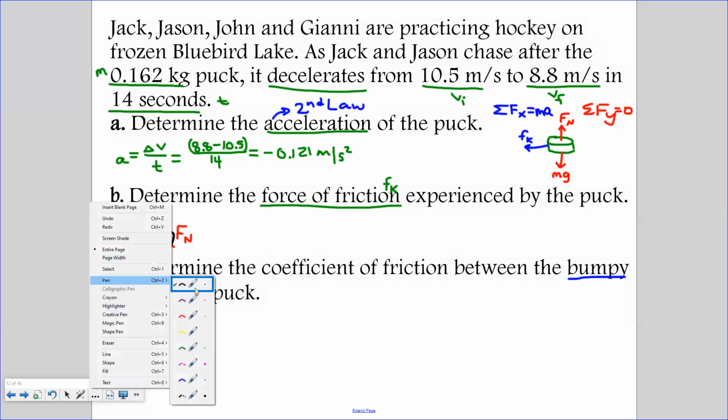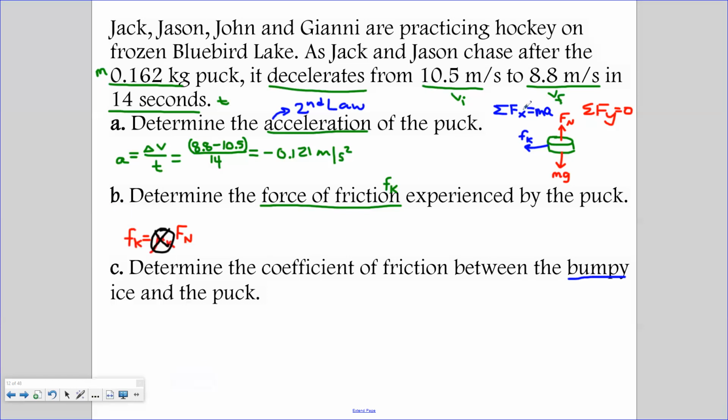So if we revert to Newton's second law, we know the net force in this case is only the frictional force. And that's the only force causing a horizontal acceleration. So in this case, our force of kinetic friction is just going to be equal to the mass times the acceleration, which we know both of, right?